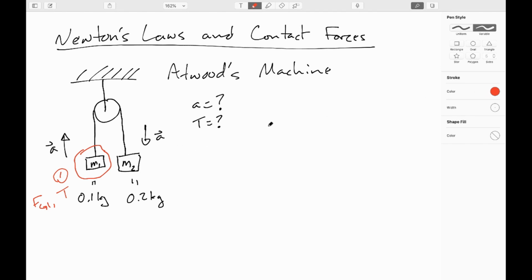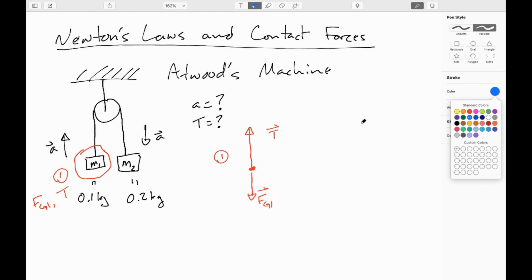And when I draw a free body diagram for system number 1, the force of gravity acts straight down, and the force due to tension acts straight up. Well, at best, that's going to give us one equation because nothing's happening in the x direction. So that means we need another equation.